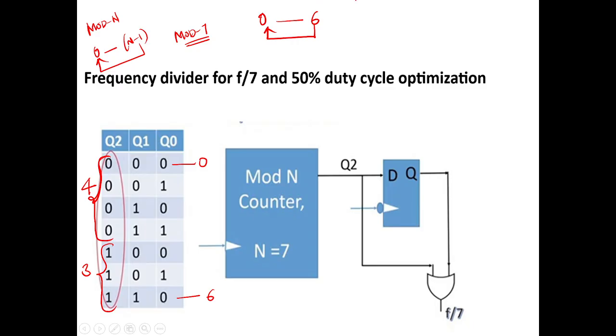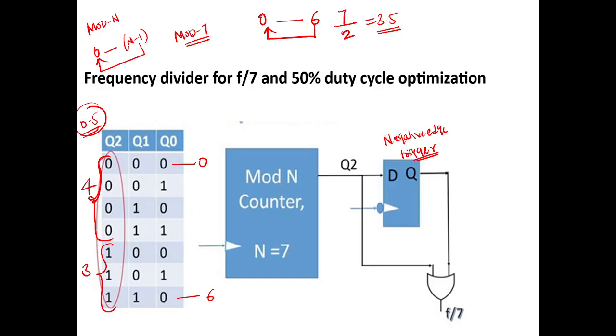So 7 by 2, if you want a 50% duty cycle, how much are you getting? 3.5, no? So that means you need to alter the output by 0.5 clock cycles. For this, what you need to do is connect a negative edge trigger D flip-flop.